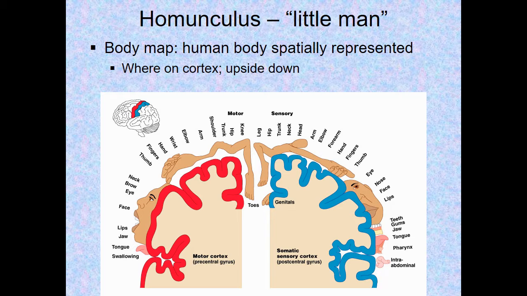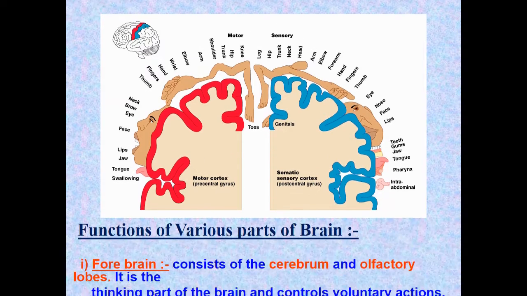It is just imaginary. There is no such little man sitting in anyone's brain, okay. So this is called the homunculus or body map, in which the human body is represented on the cortex, upside down.